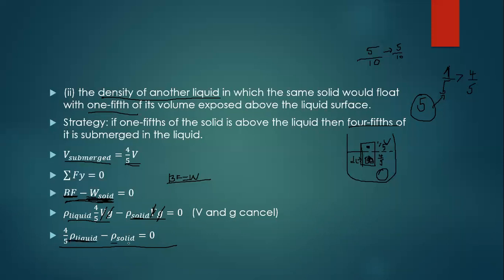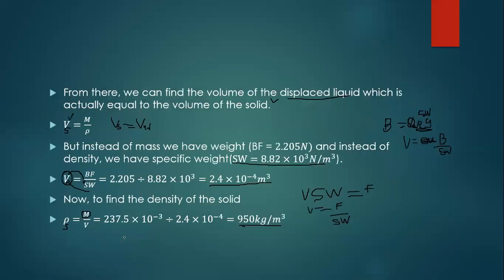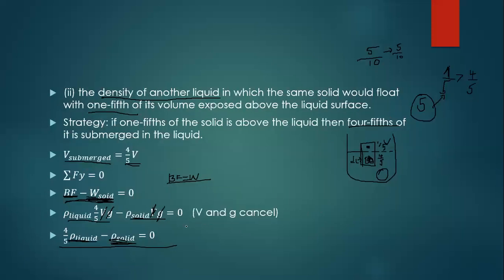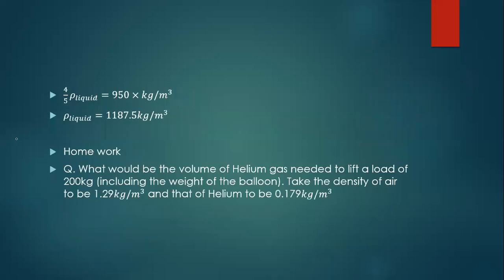We already found the density of the solid, remember? Which is this part. Now, here we need to find the density of this other liquid. And this is what we find here, right? Density of the other liquid: density of the solid which you found here, multiplied by 5 divided by 4, you get this answer.